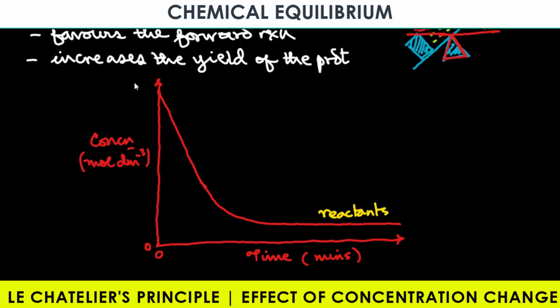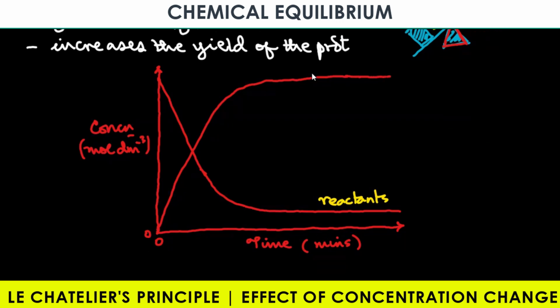At time t equals 0, the concentration of the product is 0. And as the reaction progresses, the concentration of the product keeps increasing until it gets to its maximum. This is the concentration of the product.